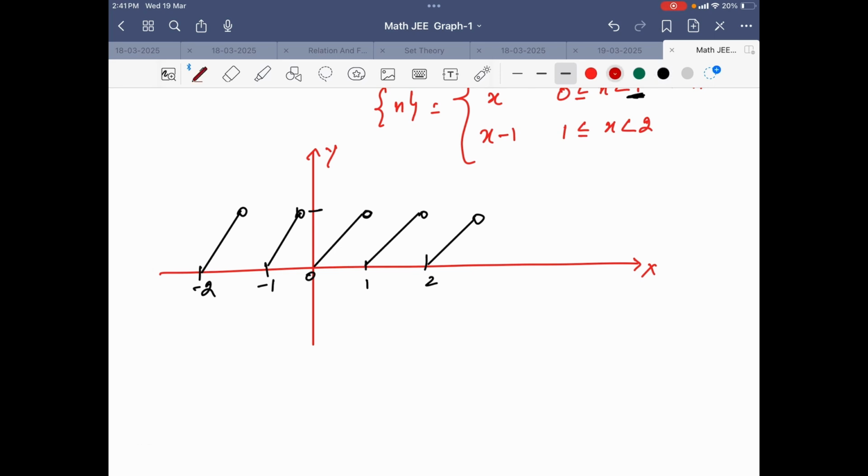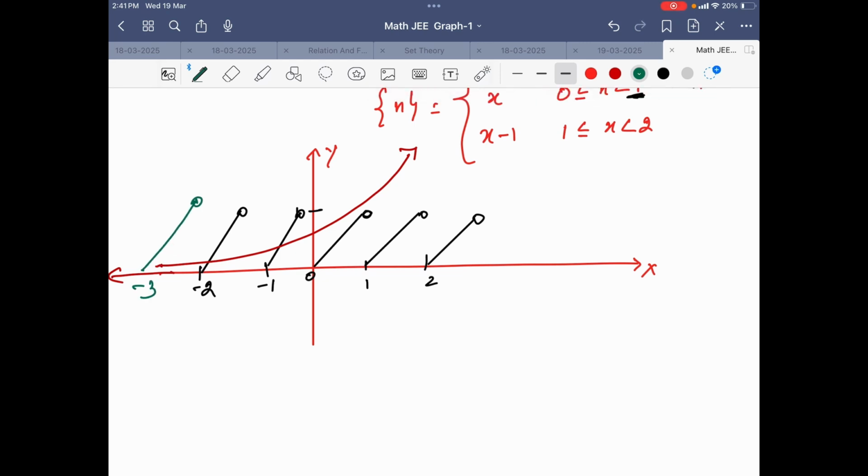Now you can draw the exponential function. How many solutions are possible here? If you draw the exponential function like this, you can extend your fractional part function also like this.